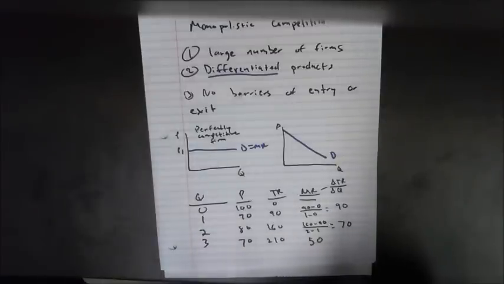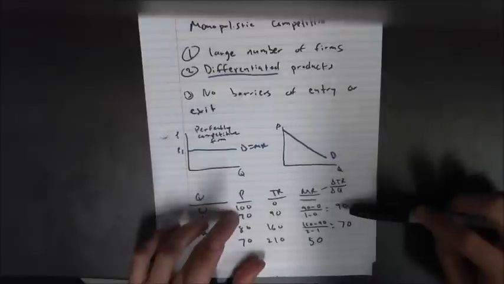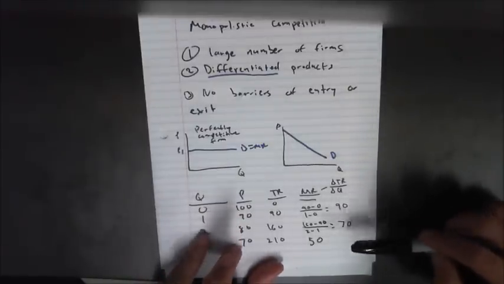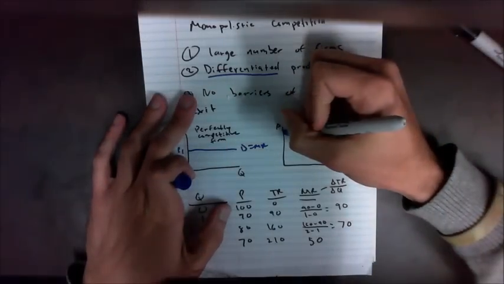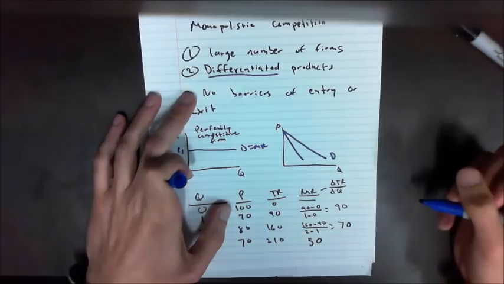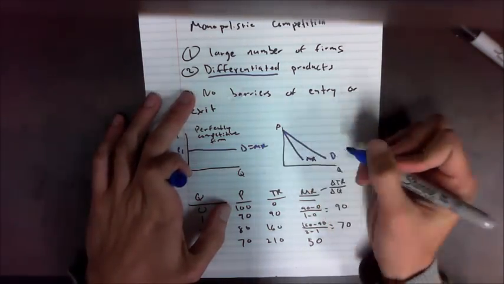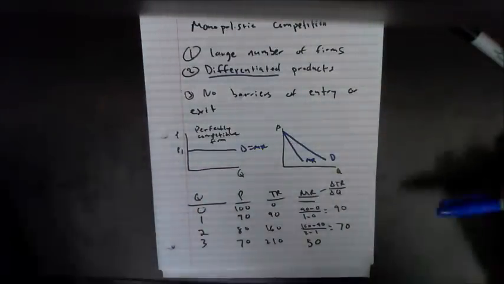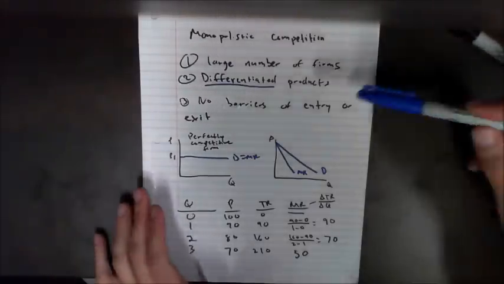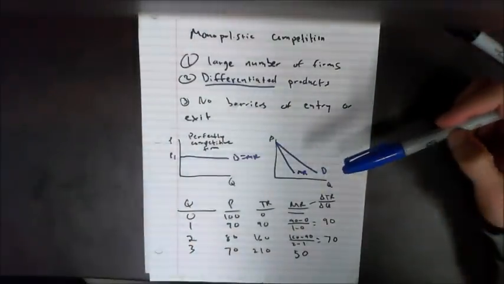So notice how my marginal revenue over here is equal to my price, and then it starts decreasing and it's below my price. So my marginal revenue looks something like this: downward sloping, and it's below our demand curve. We'll say this demand curve is downward sloping.